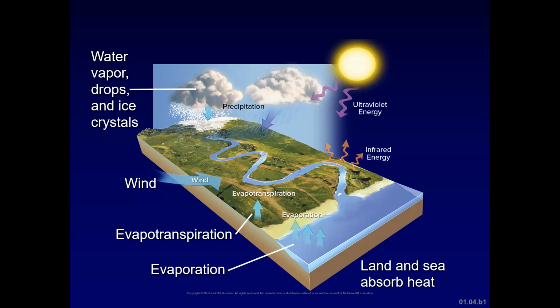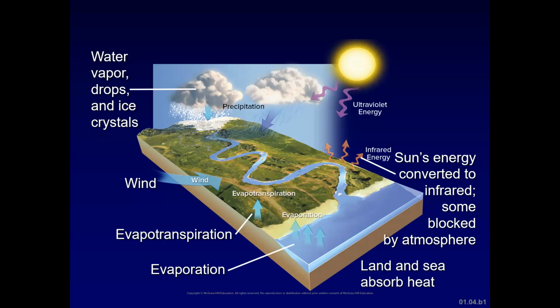Land and sea absorb heat from the sun, and the atmosphere blocks sunlight and ultraviolet rays. Light from the sun passes through the atmosphere to be absorbed by Earth. Some of that sun's energy is converted to infrared. Some light that strikes Earth is converted to infrared energy.